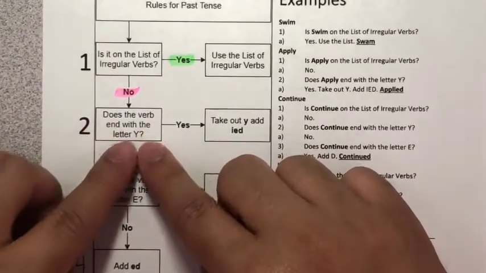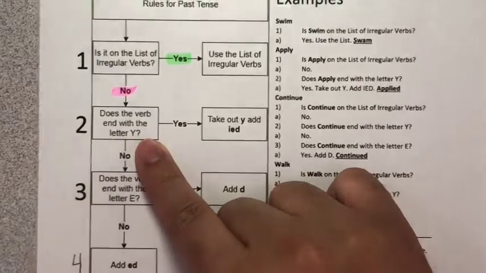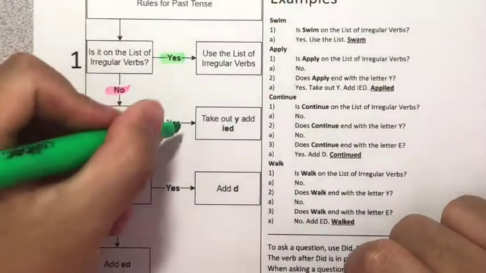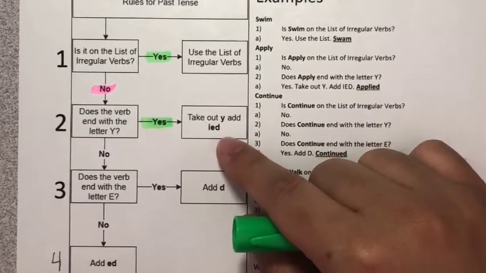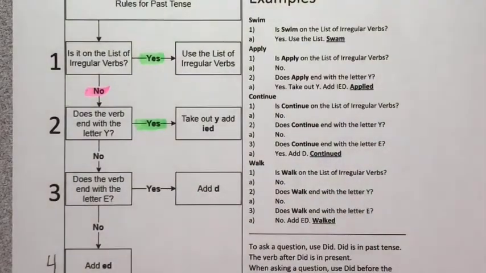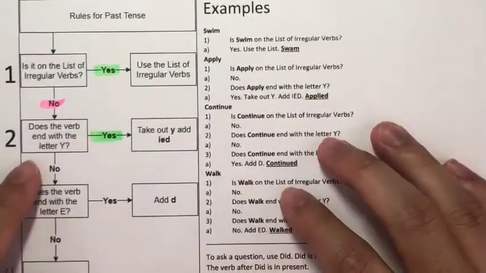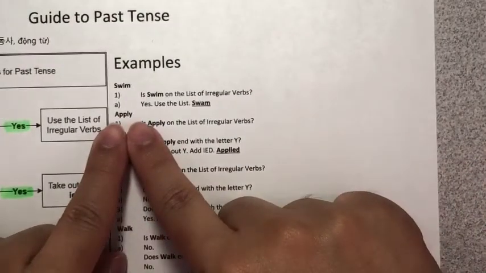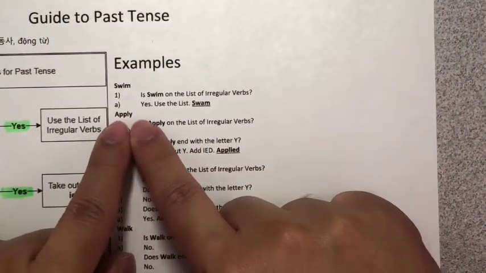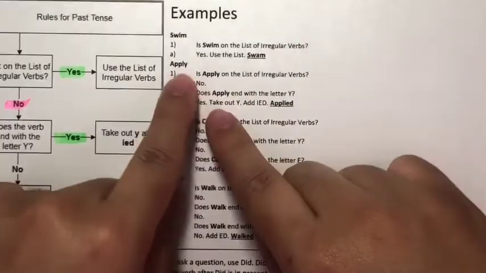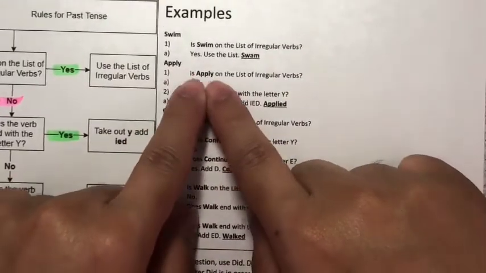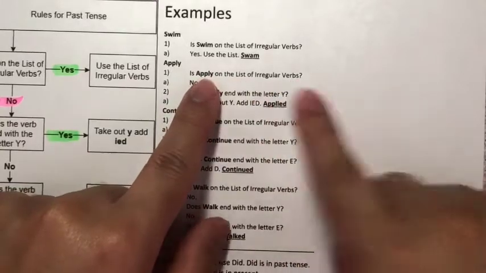Rule number 2. Does the verb end with the letter Y? If yes, then we change the letter Y for the letters I, E, D. So, the word apply. Is apply on the list of irregular verbs?